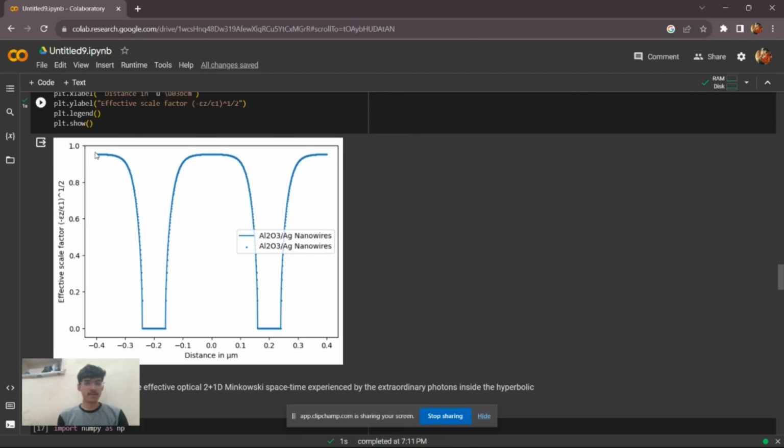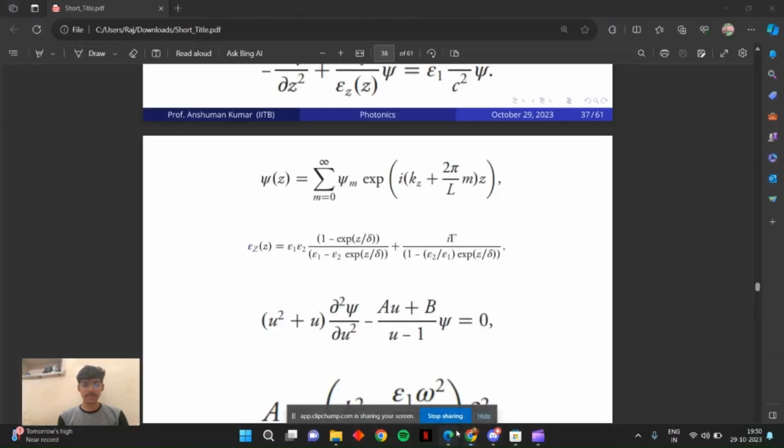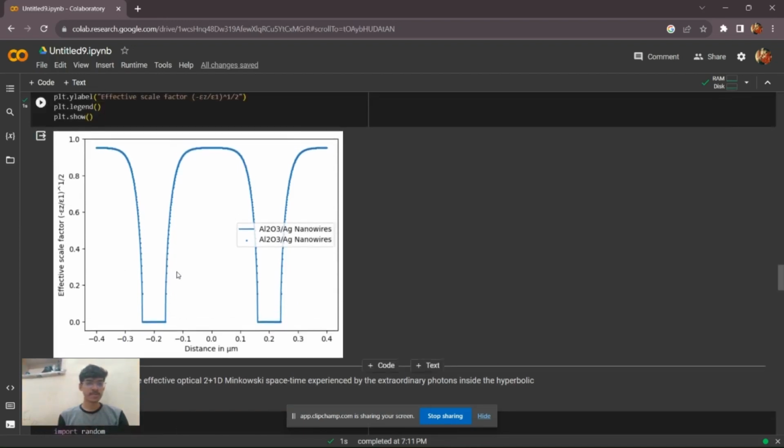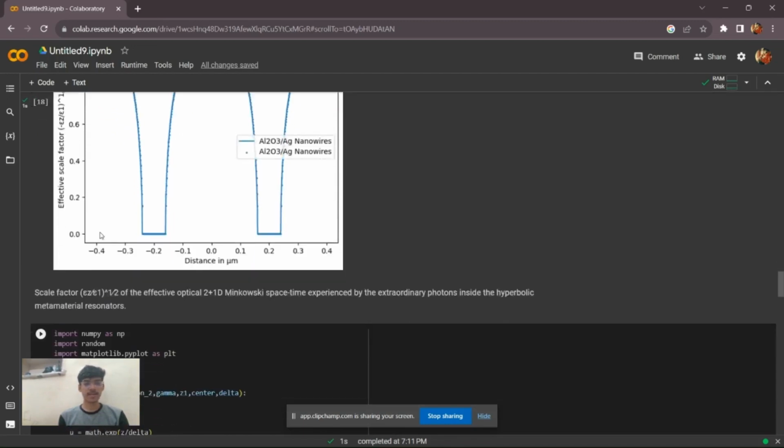When we plot our graph, we see a sudden decay here, and as we move into a dielectric region, we know that epsilon 2 is positive. So here we can't define an effective scale factor. That's why in this dielectric region we have considered it as 0. And another time as we move into a hypermetamaterial, it exponentially rises here. And as we move to another dielectric region, we see it as zero. So this is a plot for effective scale factor and distance.